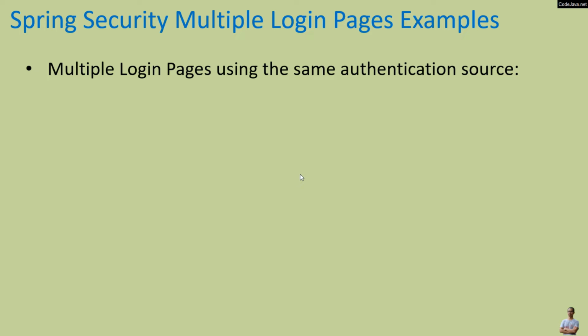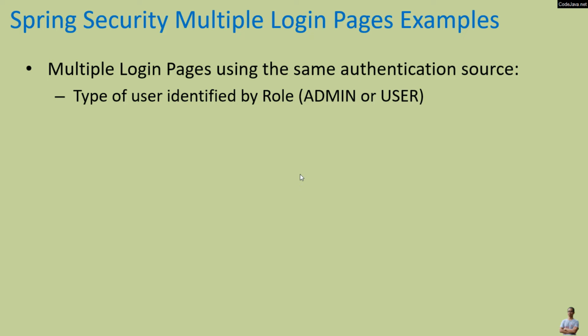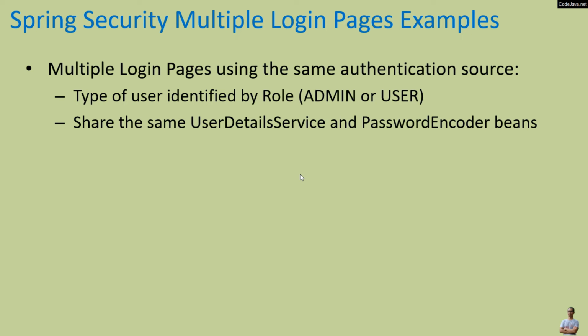Now we are going to write code to implement multiple login pages using the same authentication source. Here are some guidelines. The type of user is identified by role such as admin or user, and the admin module and user module share the same user detail service and password encoder beans.